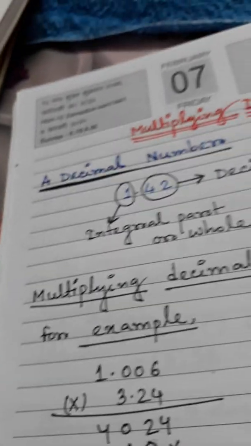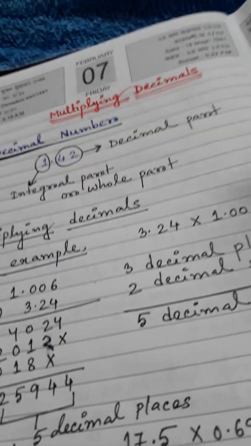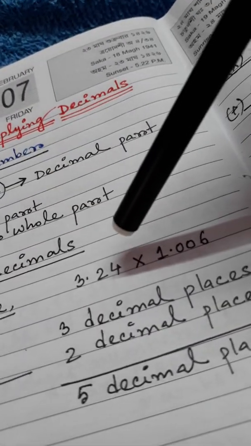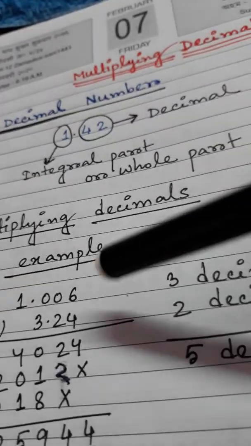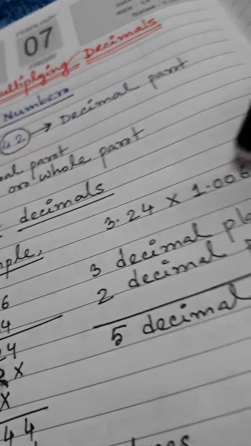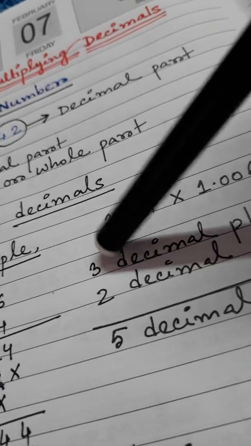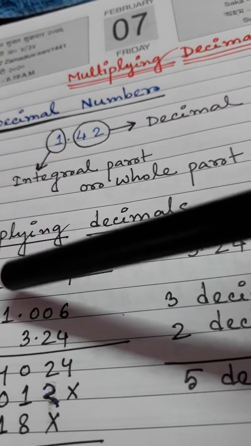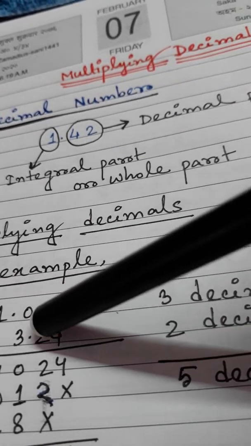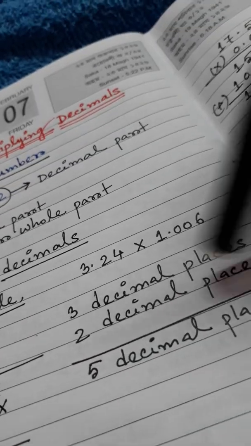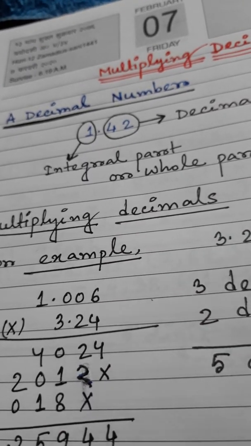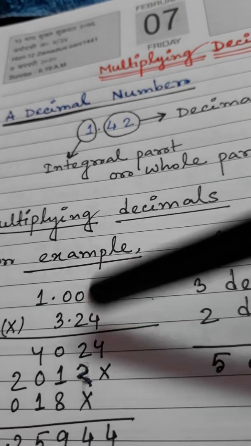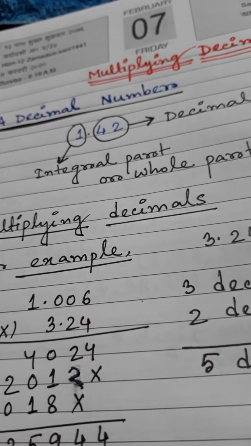So how do we multiply decimals? For example, 3.24 into 1.006. Here in 1.006 the decimal point is after 3 decimal places, and in 3.24 it is after 2 decimal places.